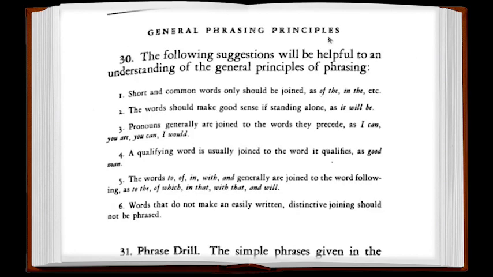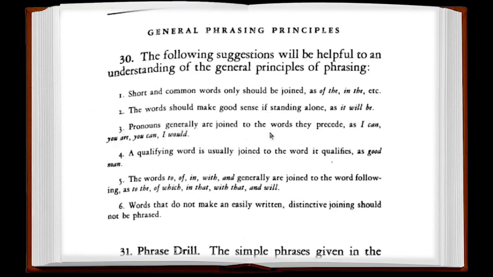General phrasing principles. The following suggestions will be helpful to an understanding of the general principles of phrasing. 1. Short and common words only should be joined, as of the, in the, etc. 2. The words should make good sense if standing alone, as it will be. 3.